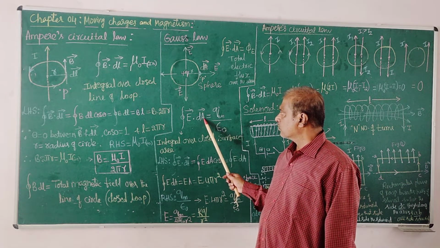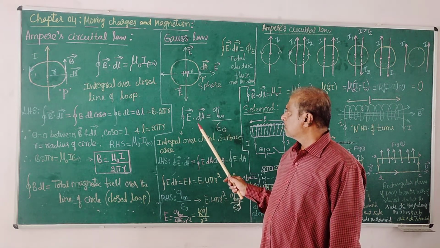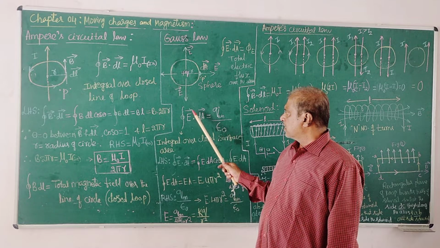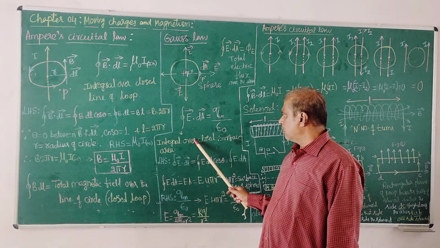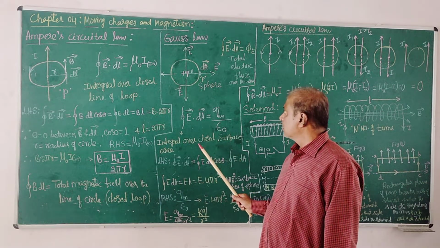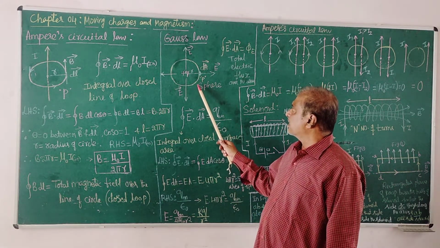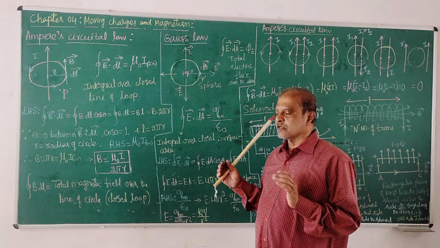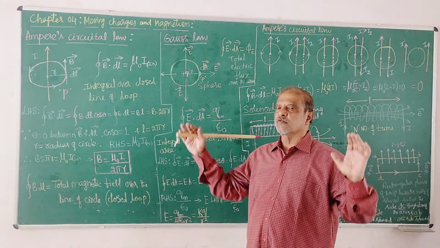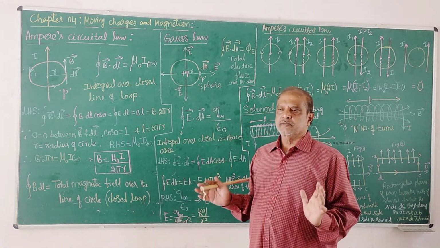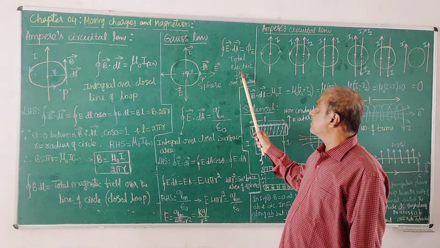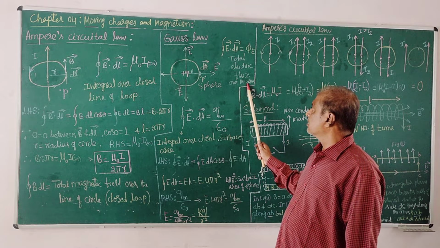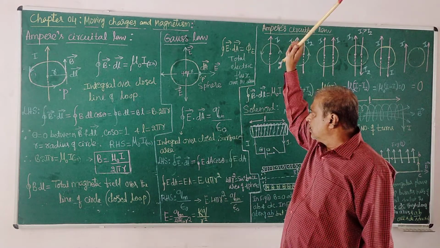That's the meaning. So as you know, the product is the integral over the closed surface area. It is the same as electric flux, the total electric flux through the entire surface. The surface is a spherical surface. It is also called the total electric flux over the surface area.